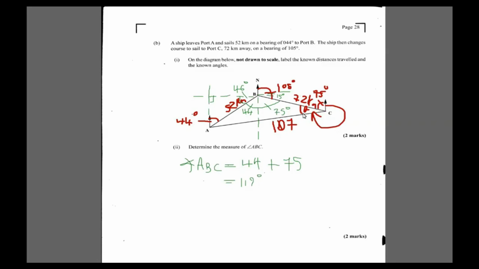By sine rule, the sine of theta over the side that corresponds to this theta, which is 52, is equal to, using this known side that we know, 107 over the angle that we know right here, which is 119. So it's equal to sine 119 over 107. That's sine rule.